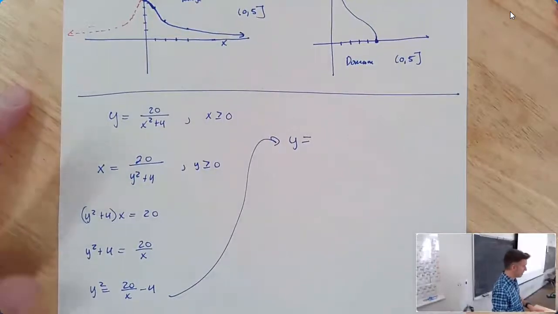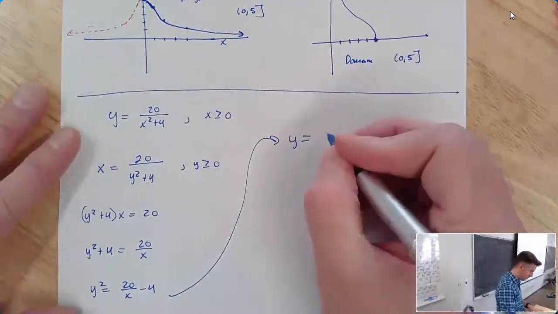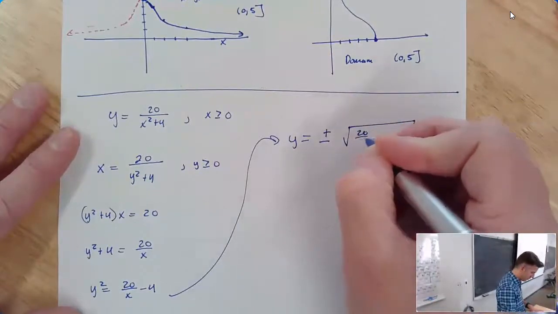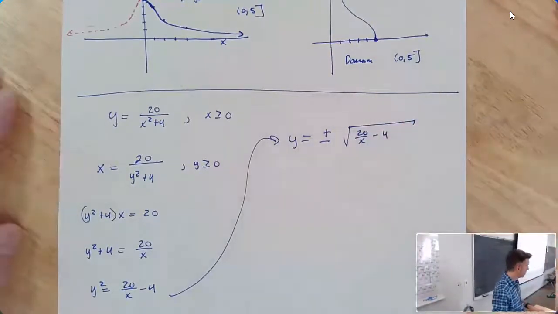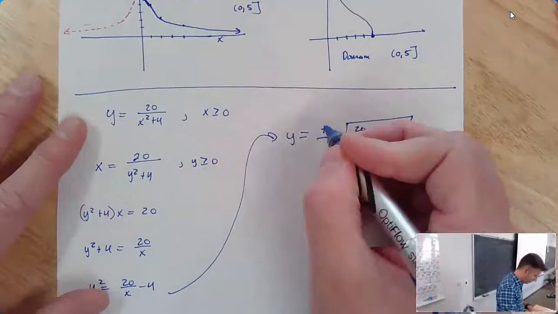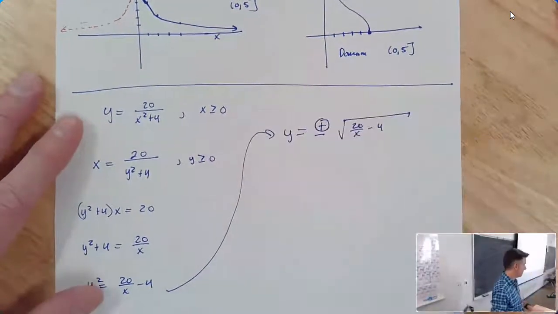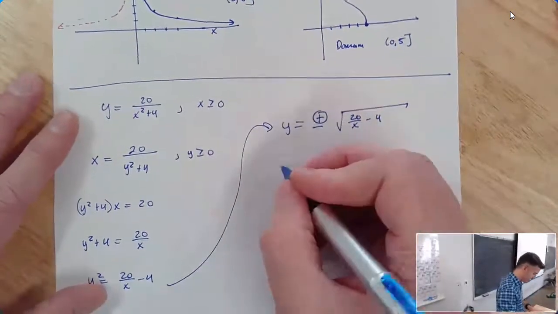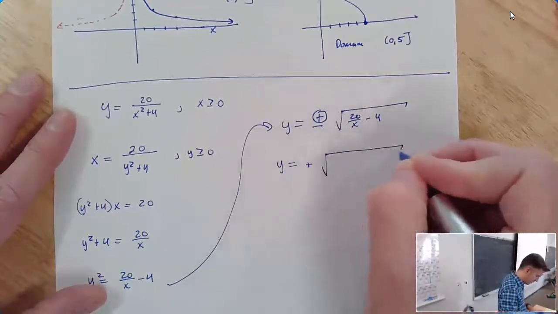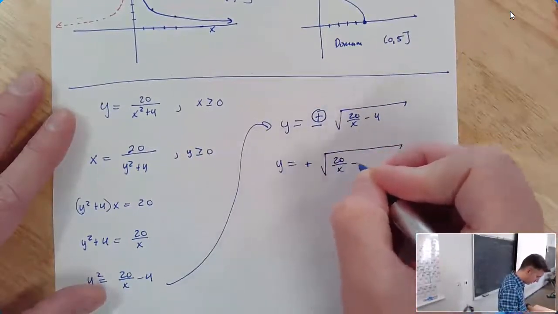Normally, if we were square rooting both sides, we would say y equal to plus or minus the square root of 20 over x minus 4. But since y has to be positive, we can't get the negative part here. So it's got to be just the positive part. Then we get y equal to the positive square root of 20 over x minus 4.